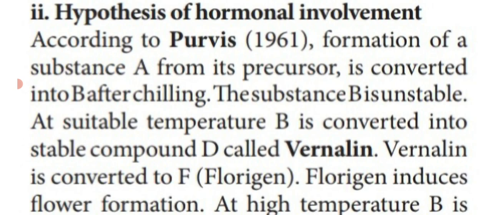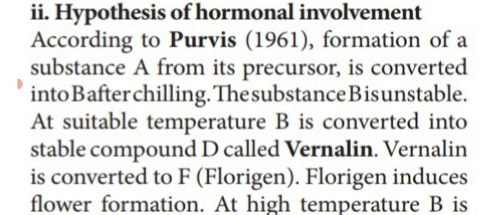So, what will happen? Substance A from the precursor or ancestor is converted into B after placing in low temperature or chilling. B form is unstable.